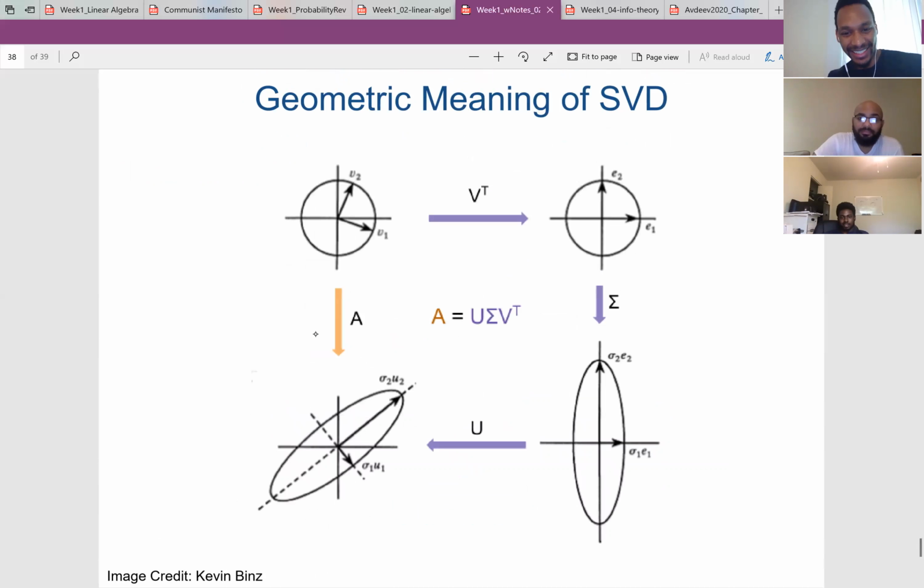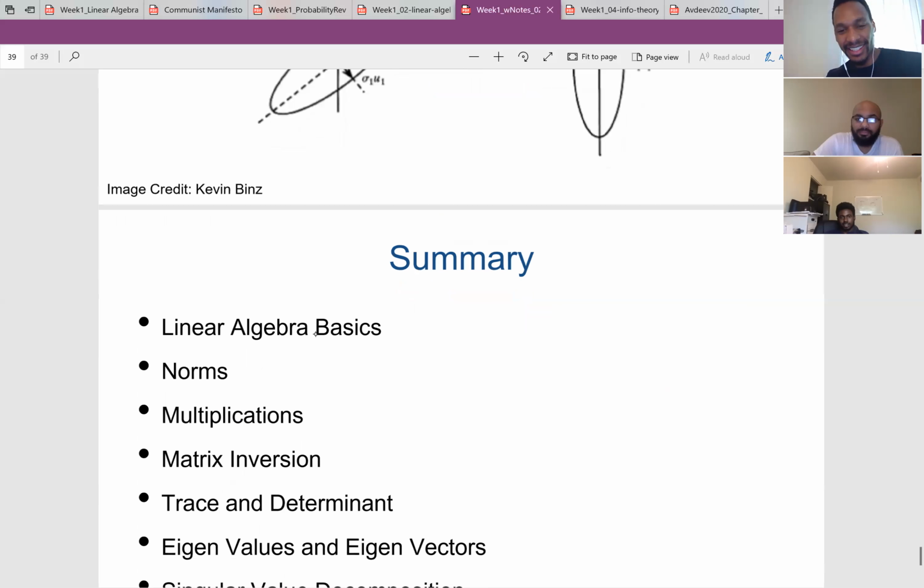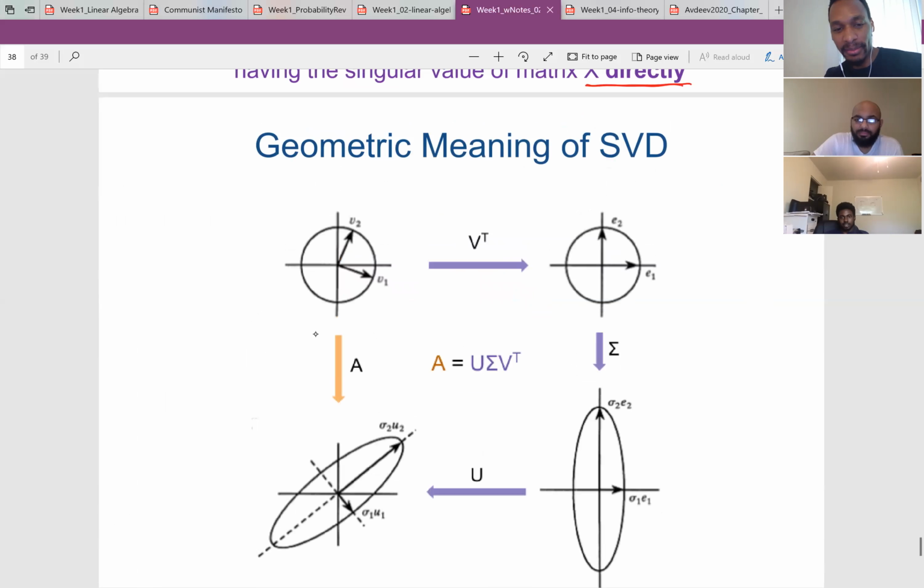Okay, so this is the last thing I think, and then I think we'll have to bounce. But basically, intuitively, the way you can think of SVD is just as a change of basis.